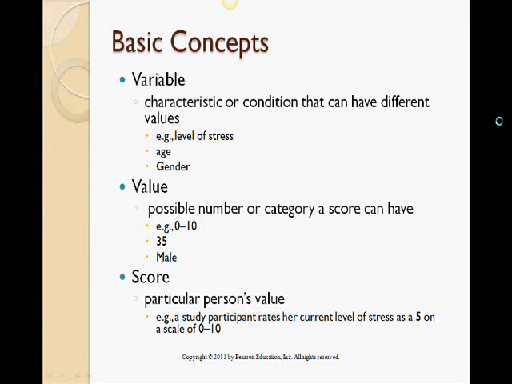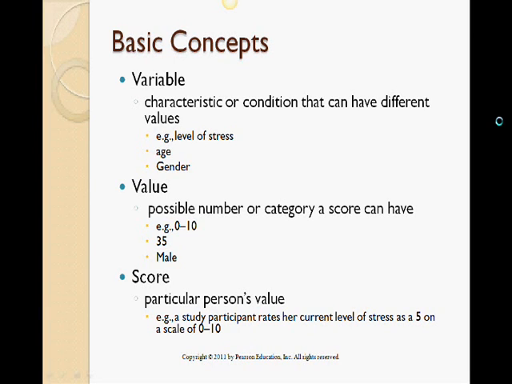Examples of some variables are level of stress that students may experience, age, gender. Now, values are the possible number or category a score can have. For example, level of stress.